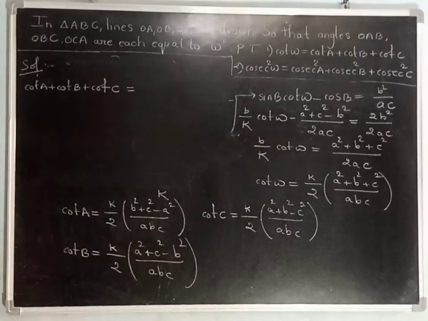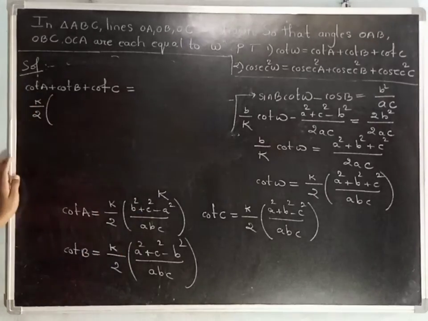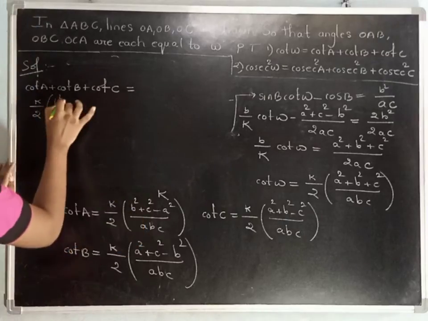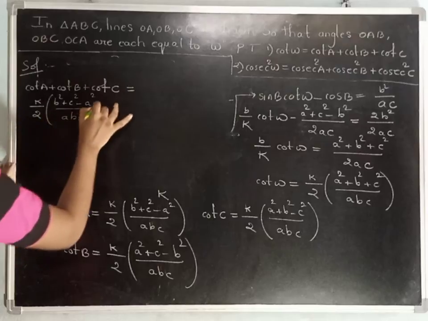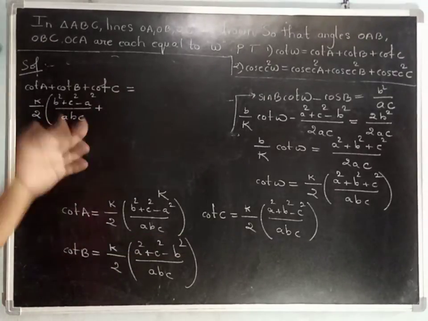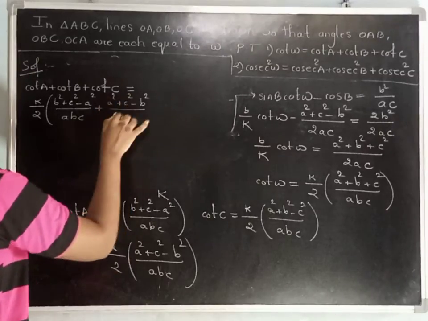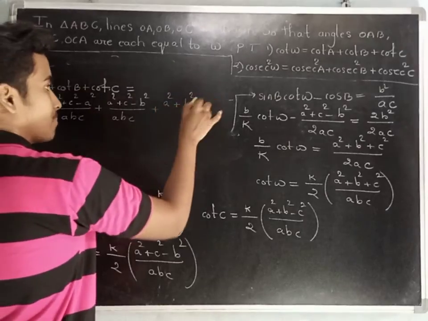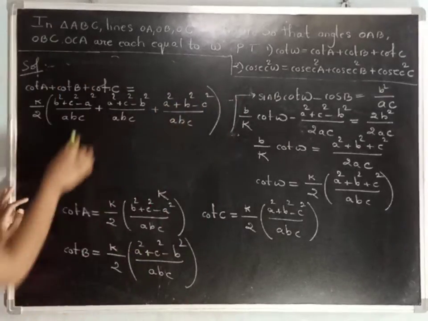This is nothing but k by 2 into b square plus c square minus a square by abc. I have taken k by 2 common everywhere. Next, a square plus c square minus b square by abc plus cot C, a square plus b square minus c square by abc.